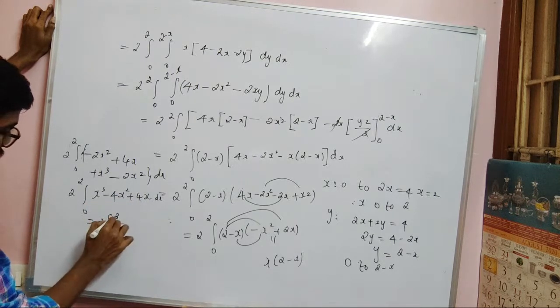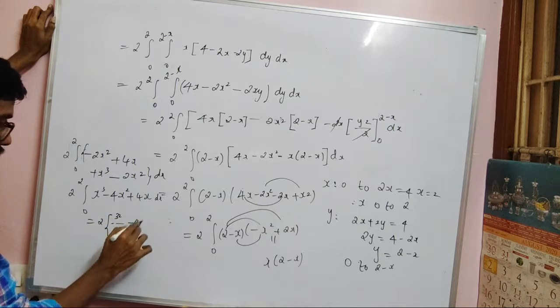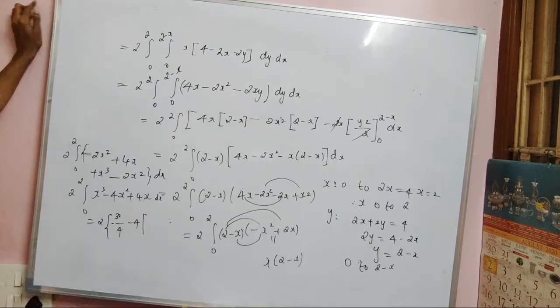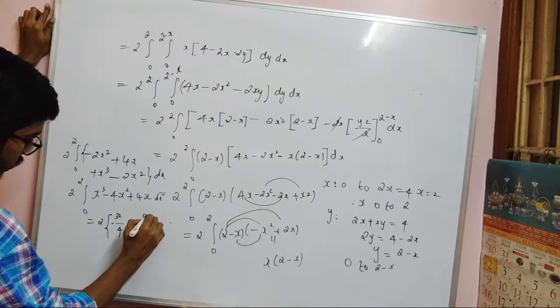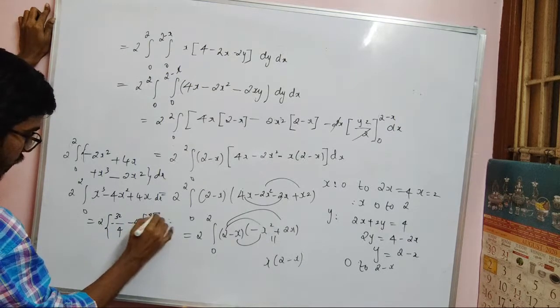X power 4 is 2 power 4, which is 16, so this will be 4. Minus 4 times x cube by 3, so 2 cube by 3 is 8 by 3, which gives 32 by 3.